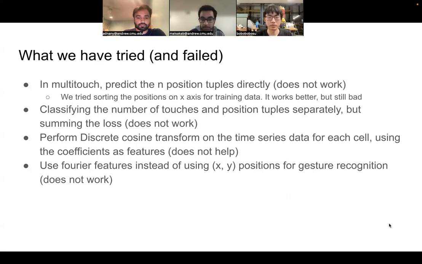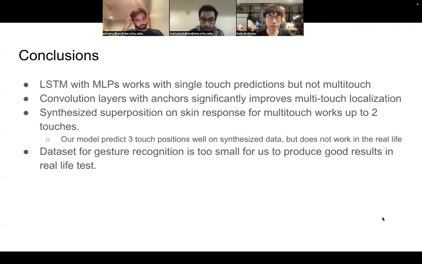We also performed discrete cosine transform on the time series data for each cell, but it didn't help. Our last failing experiment was using Fourier features, like what we did in our mini project, but it didn't help either.